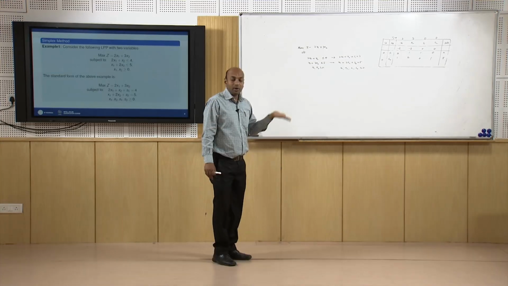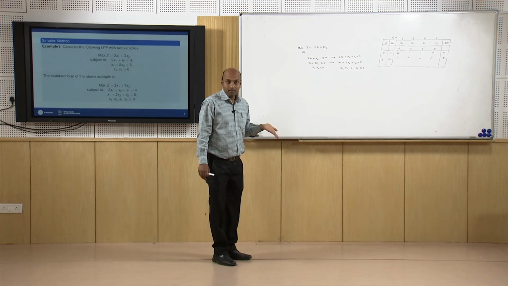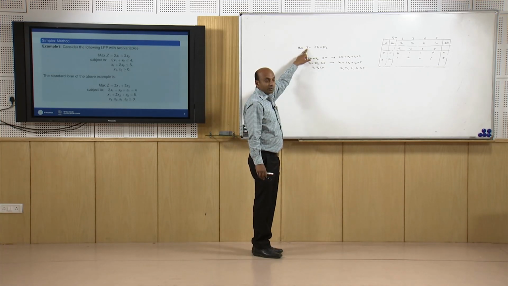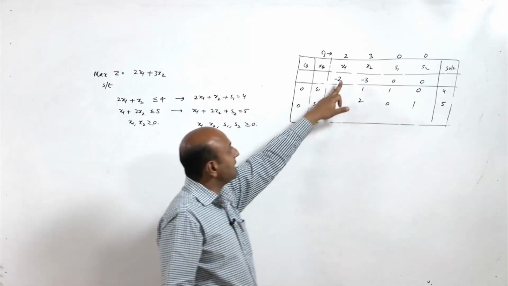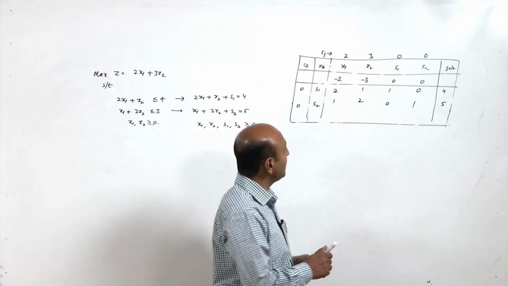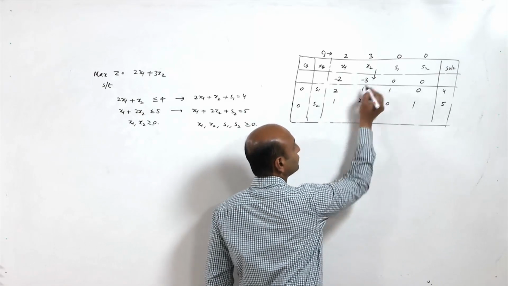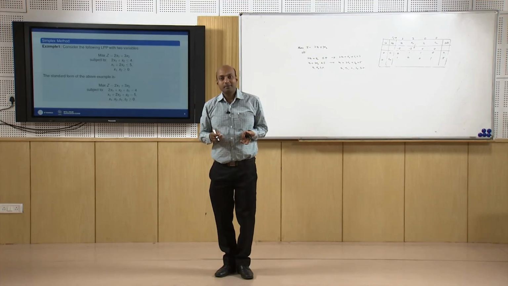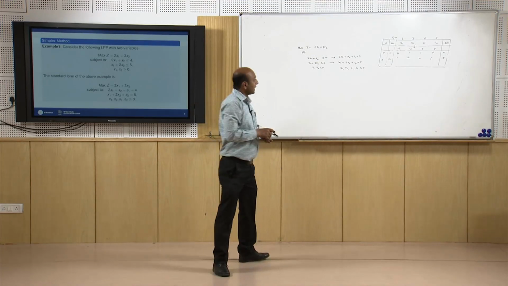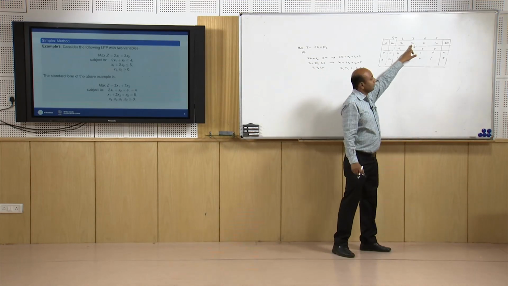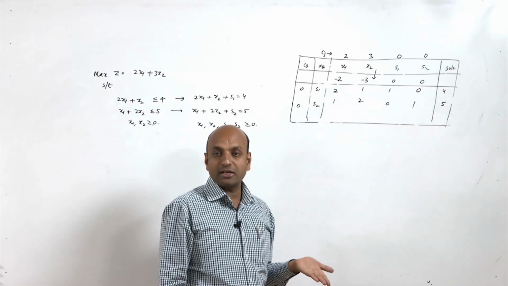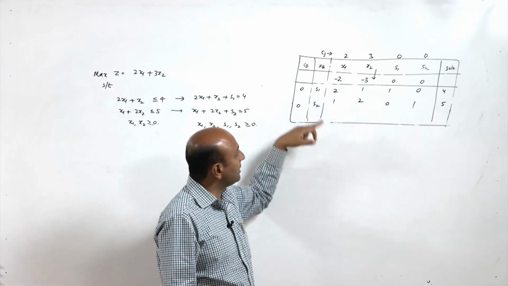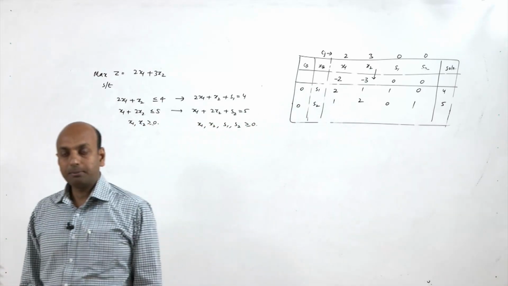Of course, if you enter x2, then the value of z will increase much more than if you enter variable x1. So, you enter x2. Entering x2 means x2 will become a basic variable, and out of these 2 basic variables, one will go to non-basic.